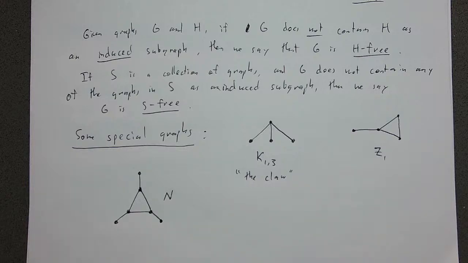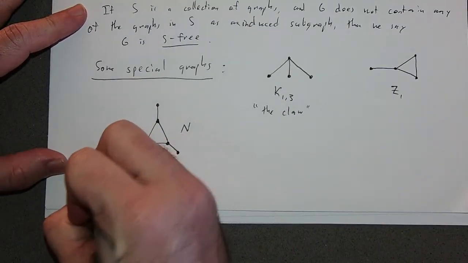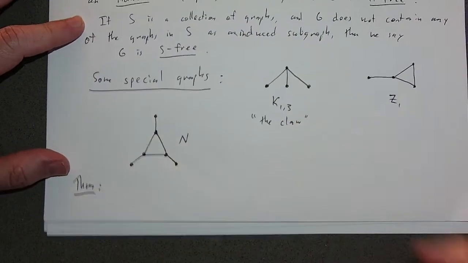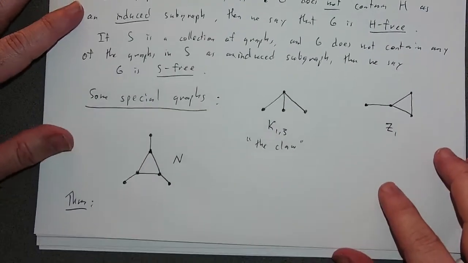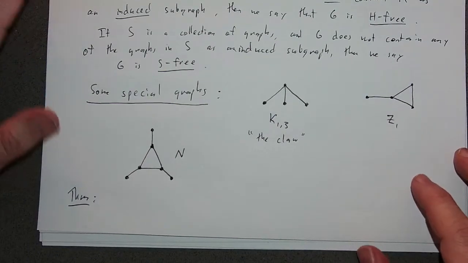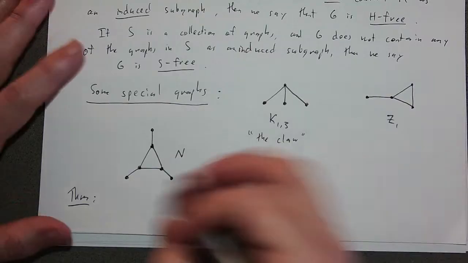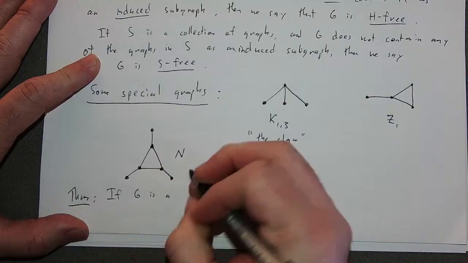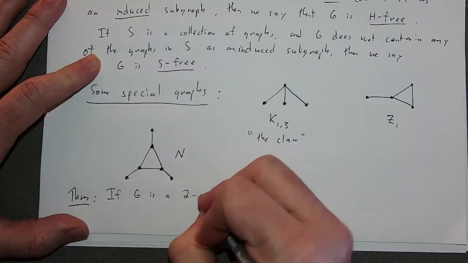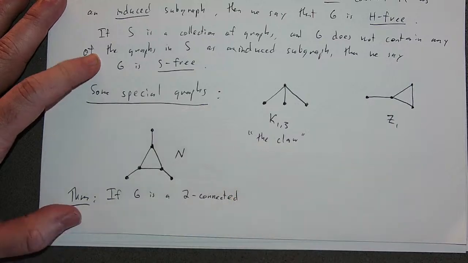But the following theorem is our first example of what we call a forbidden subgraph theorem, which states that if G is a two-connected K_{1,3} and Z1 free graph, then G is Hamiltonian. Remember, two-connected means its connectivity is at least 2.